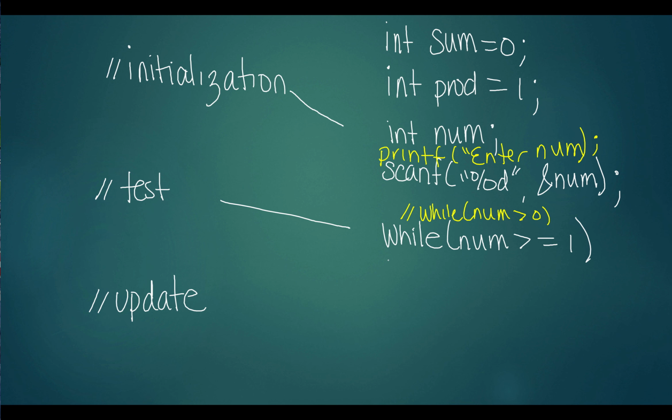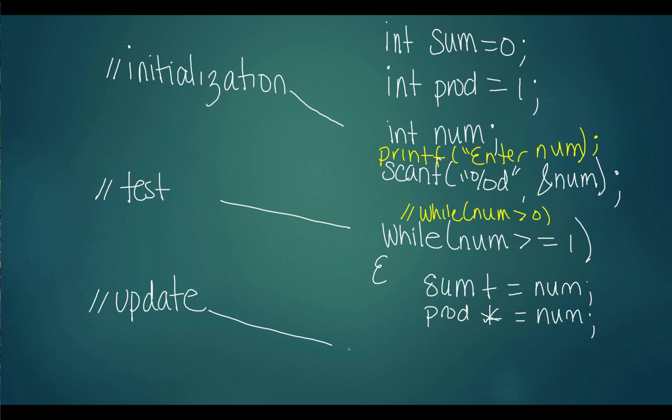Then inside of our loop body, we're going to calculate our sum. So we would have sum plus equals num. And we're going to calculate our product. Product times equals num. And then again, our update is going to be by user input.